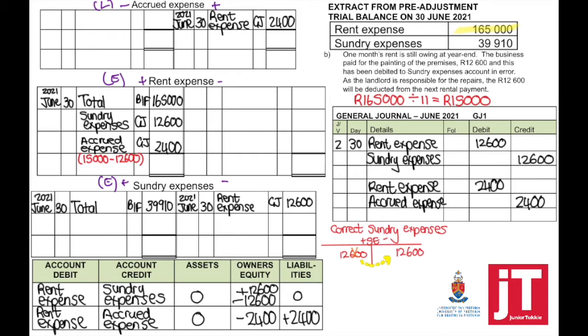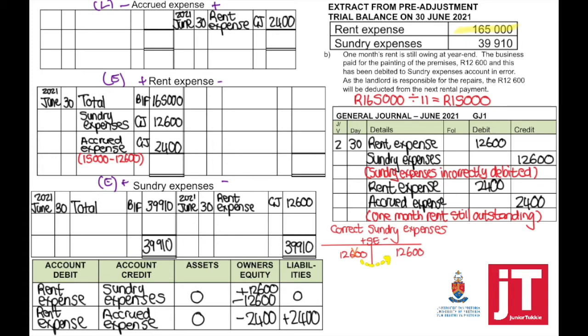Effect on the accounting equation, because my expense increases, it will have a negative effect on the owner's equity. Liabilities will be plus. Accrued expense is classified as a liability. My narration in my general journal, first we're going to say the sundry expenses was incorrectly debited, so we needed to correct that. Then secondly, we need to show the 1 month that is still outstanding.